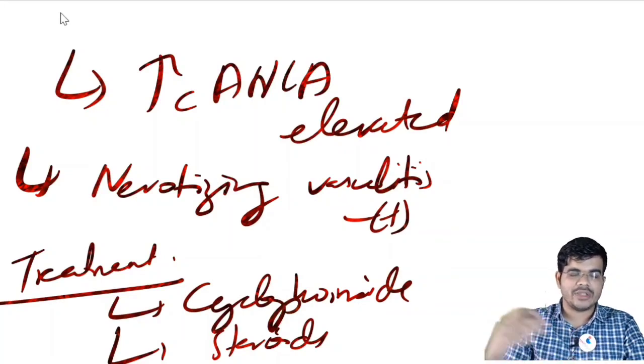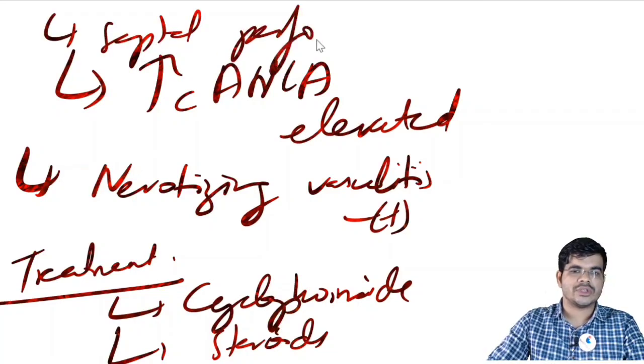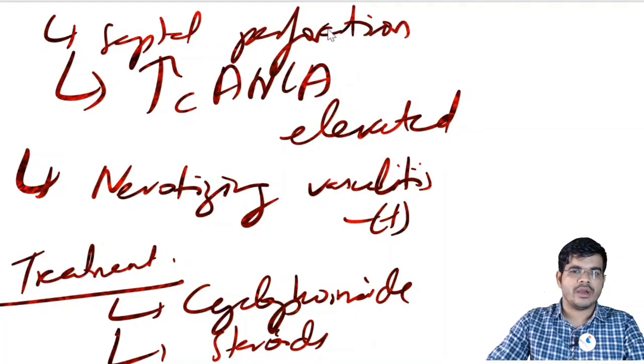One is syphilis, and the other is Wegener's granulomatosis. Okay, so septal perforation also can occur associated with this condition.